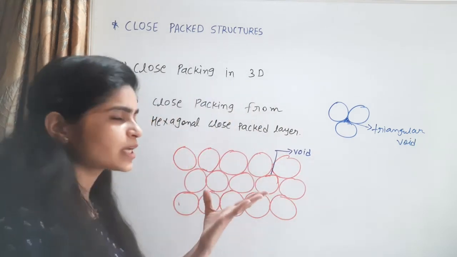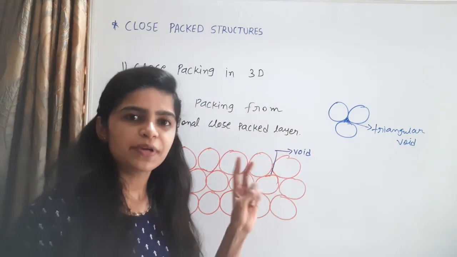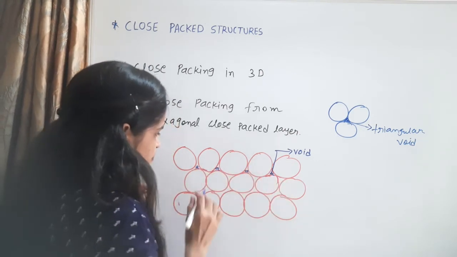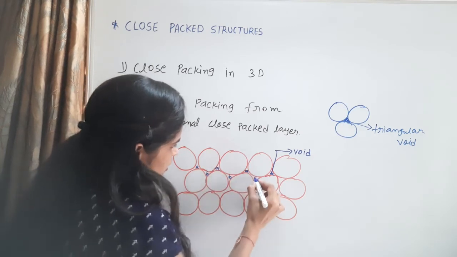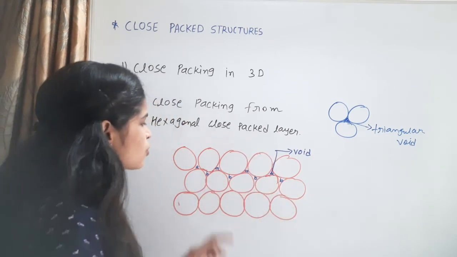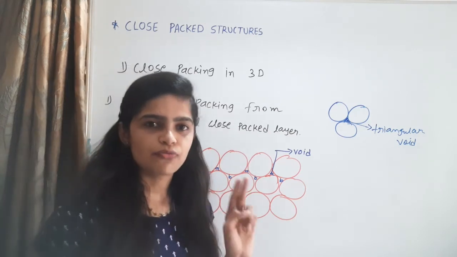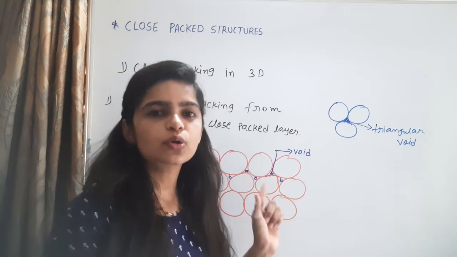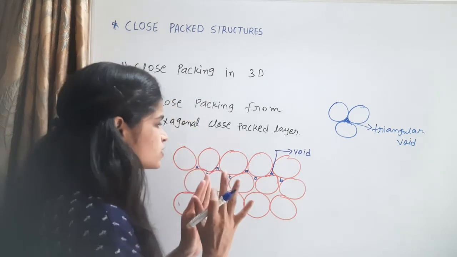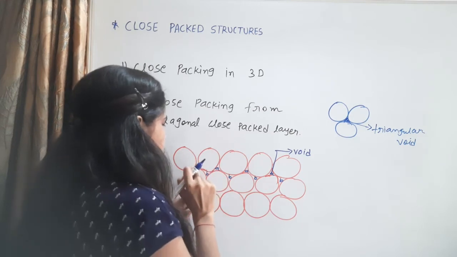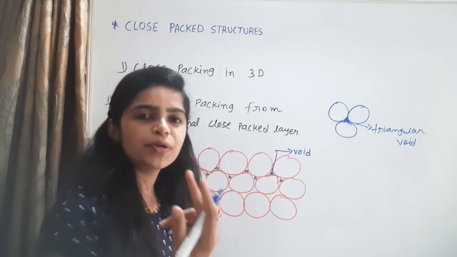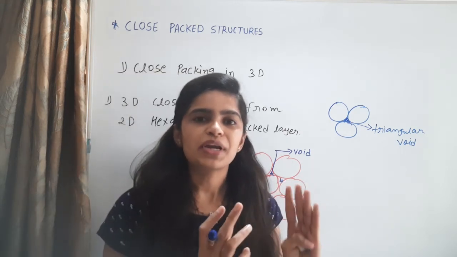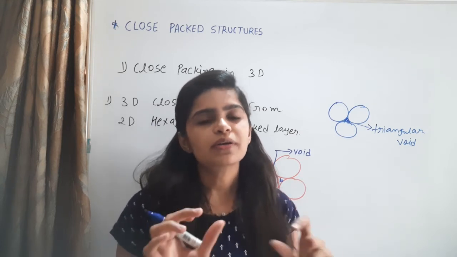In this structure there are two types of triangular void: first the A and A, and this is the B and B. So A and B types of triangular void are present. When the second layer is put on the first layer of the hexagonal close packing, the second layer goes on triangular void A or triangular void B, not both.